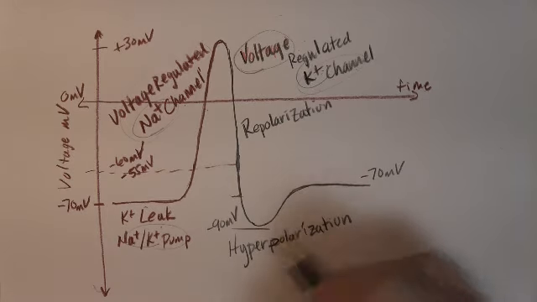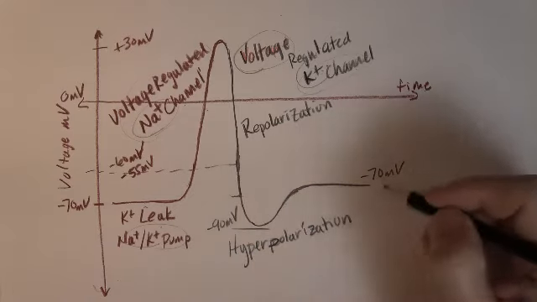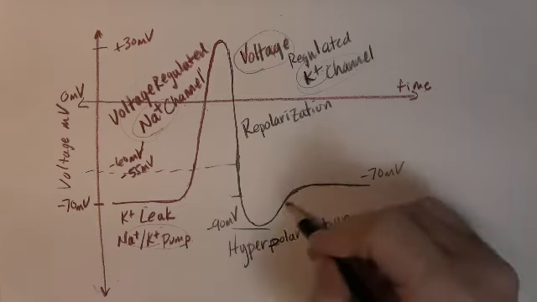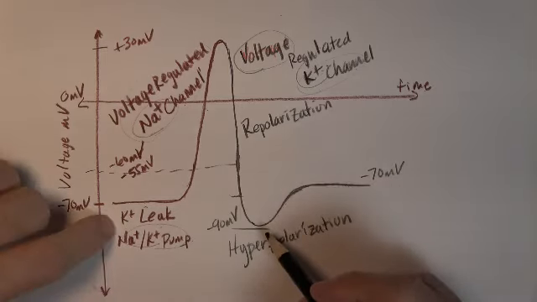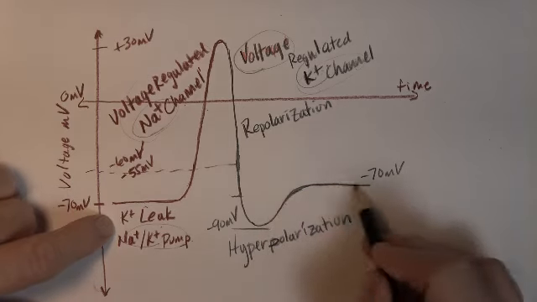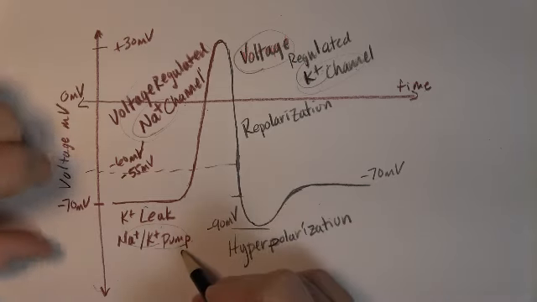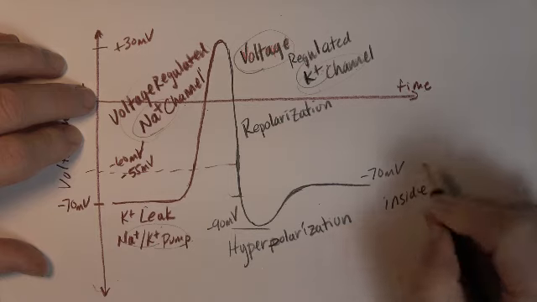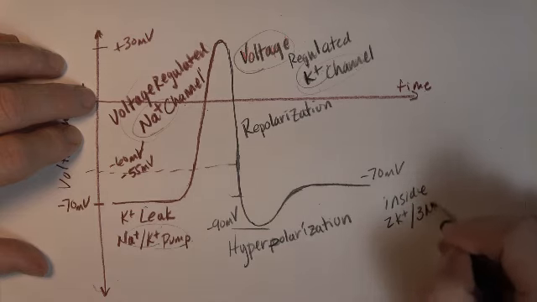So let's talk about that sodium-potassium pump. That sodium-potassium pump requires ATP. And so at this point, the sodium-potassium pump is working hard along with the potassium to help reinstate that resting potential. The sodium-potassium pump pumps in 2 potassium ions, and it pumps out 3 sodium ions.